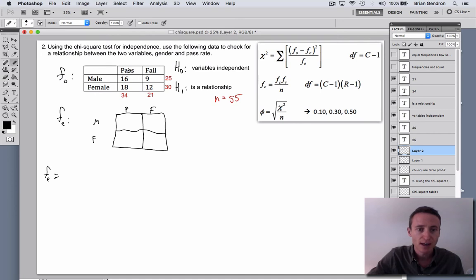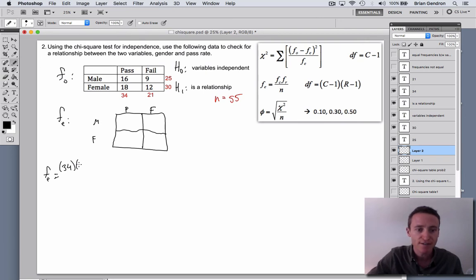So this cell has 34 people in that column total. And then there are 25 people in that row. So that's the FR. Frequencies in the row, FC is frequencies in the column.